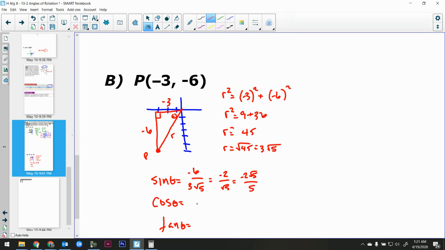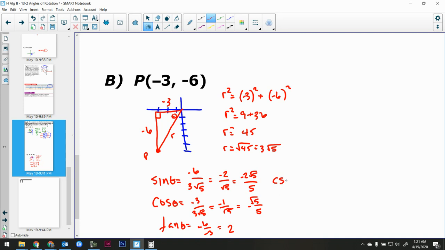Cosine theta, adjacent, negative 3 over 3 radical 5. So that would be negative 1 over radical 5, or just negative radical 5 over 5. And then tangent is opposite over adjacent, so negative 6 over negative 3, which is just 2.